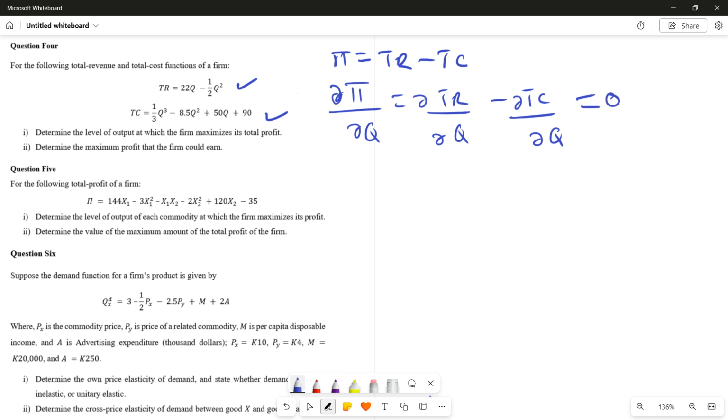What does this mean? This means that the change in total revenue due to change in output minus the change in total cost due to change in output should be equal to 0.